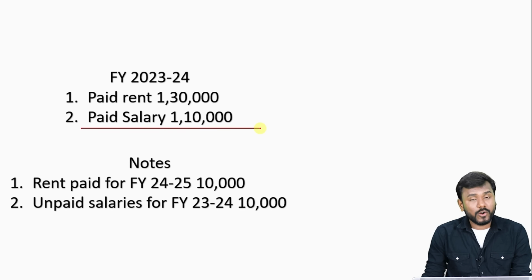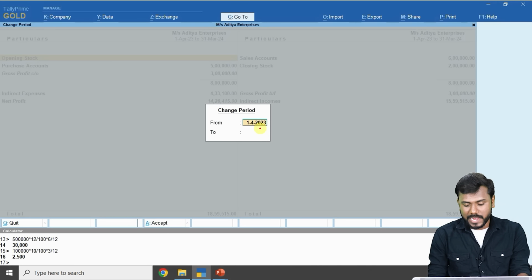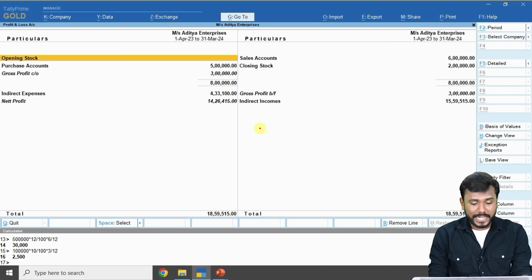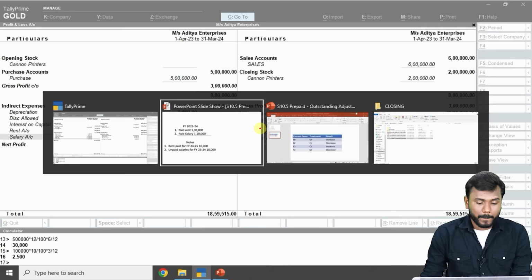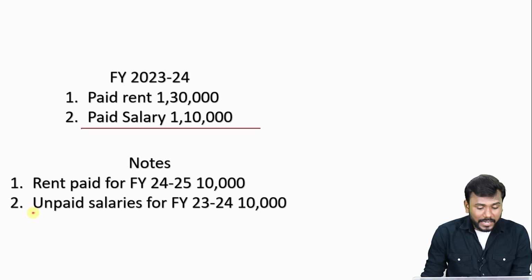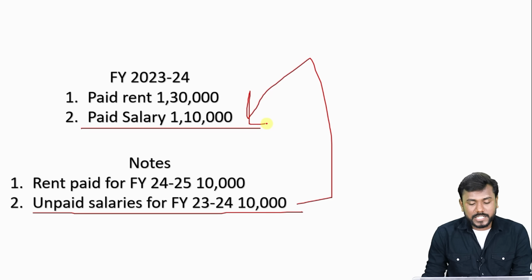And one more adjustment. Paid salaries already 1,10,000. You already paid salaries of how much? 1,10,000. 1,10,000 salaries already booked. But for this financial year, unpaid salaries are 10,000 more.